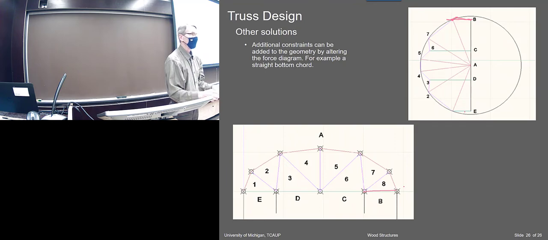To make sure you know what you're doing, you could try it, and then in CAD you can measure the length of those members. The lengths of them in the force diagram should come out to these forces, so you can check that with this.